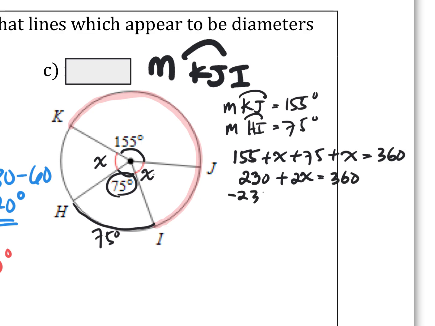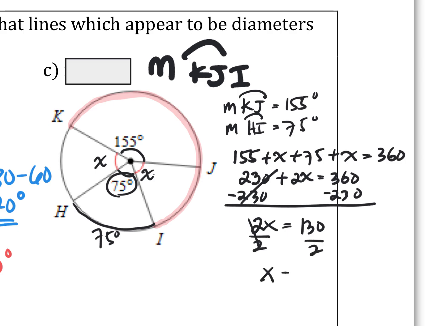Then we subtract 230, which gives me 2x is equal to 130, and we divide both sides by 2. Therefore, x is equal to 65. So this is 65 degrees, and the arc that is being created here is also 65 degrees.